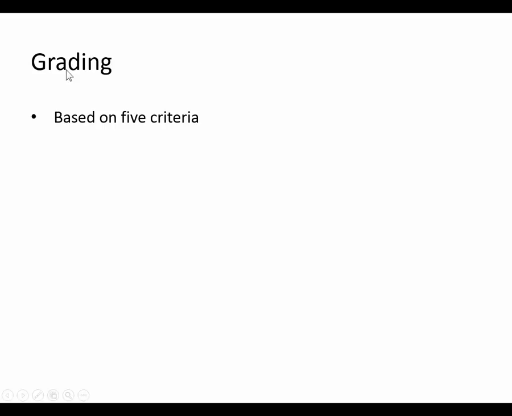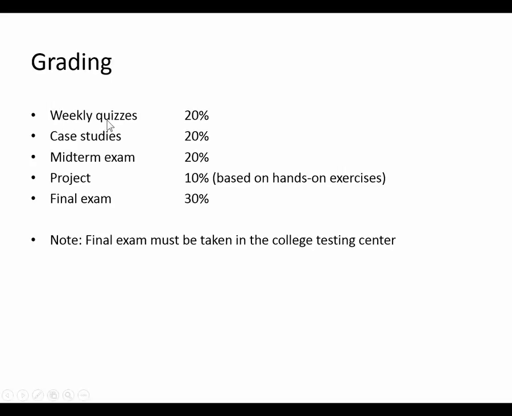Grading. Your grade is based on 5 criteria. The weekly quizzes altogether make up 20% of the grade. The case studies make up 20% of the grade. The midterm exam, which is taken online, is 20% of the grade. And the project, which is based on the hands-on exercises, is 10% of the grade.